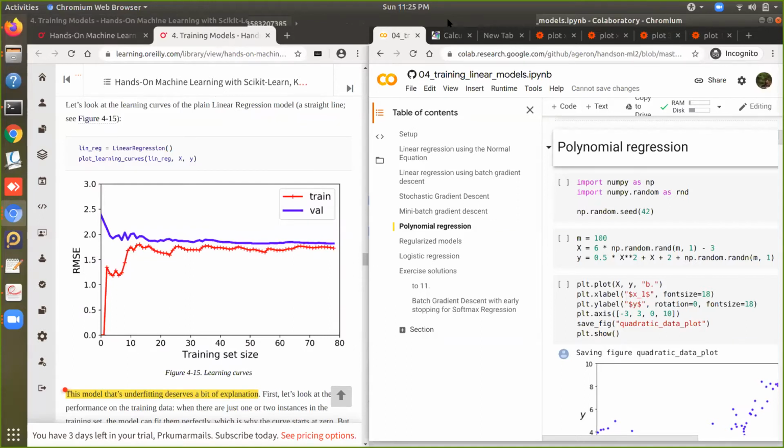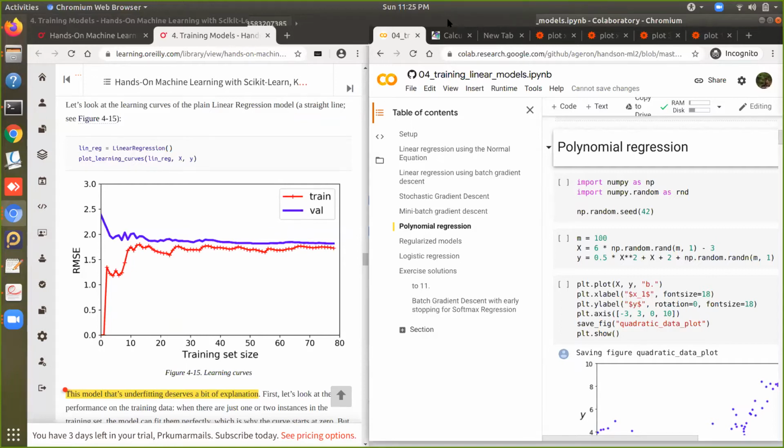So the thing is that the way underfit works is that whenever you are fitting the data to your training set, underfitting is that it is not being able to find the pattern. So basically, once you come up with the model, if you predict on the training data itself and compare with the actual output, if that error is high, then it's called underfitting. Here, the RMSE value is quite high.